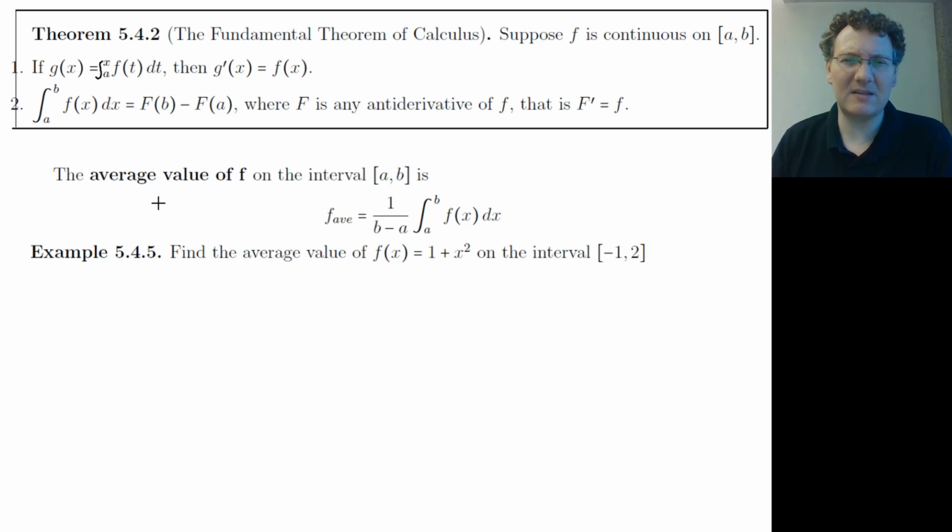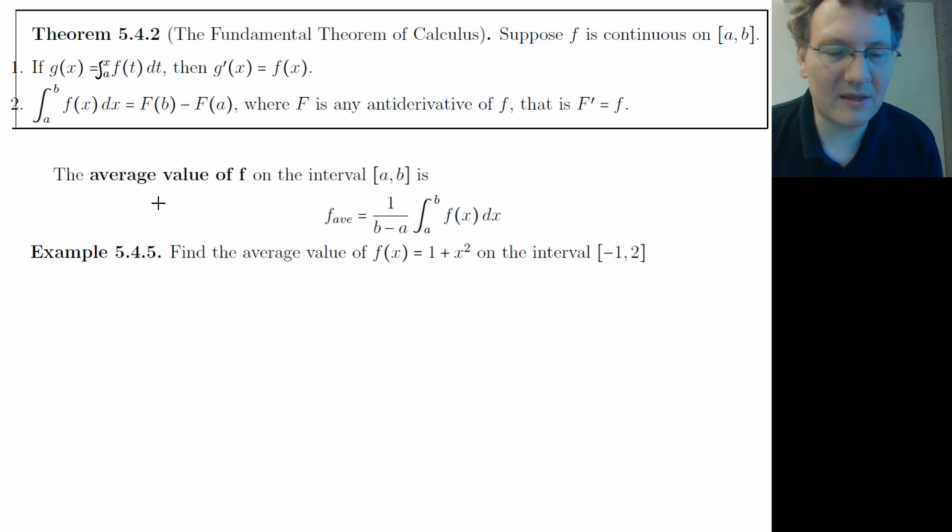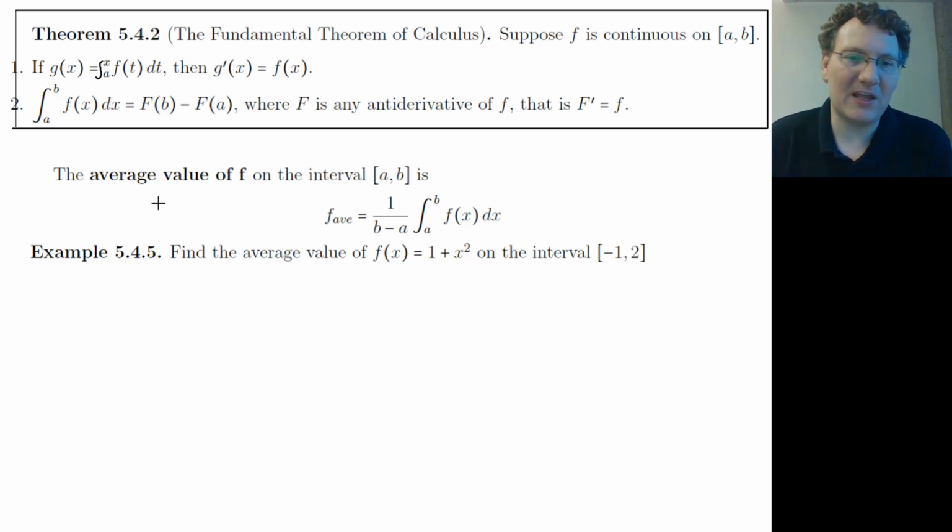This is something we were doing in the last lecture, so it isn't totally new, but it is a part of the fundamental theorem of calculus. I'm not going to go through the proof of it in this video, perhaps in a future video. Then we have the idea of the average value of a function.